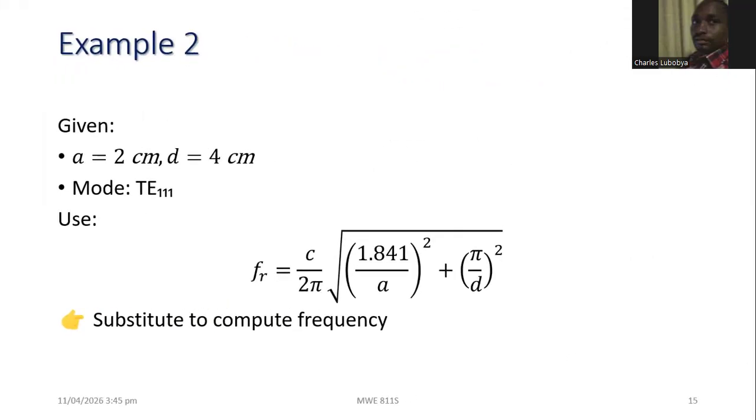So given that the radius of a circular waveguide is 2 centimeters, and the distance from the center of that radius to where you've cut your resonator is 4 centimeters, and we are told that this is supposed to be operated in the TE11 mode, which means your M there is 1, your N is 1, then you've got your P, which is also 1.